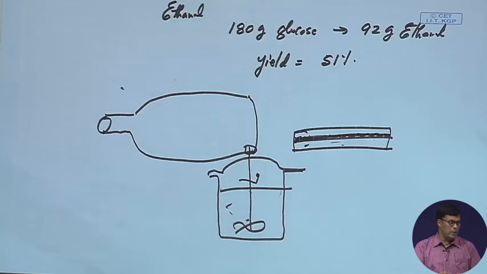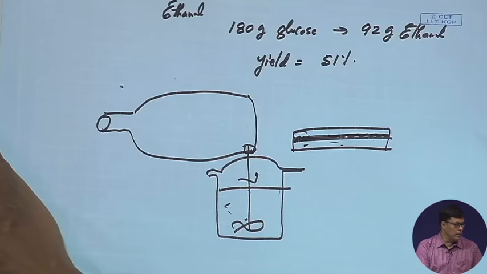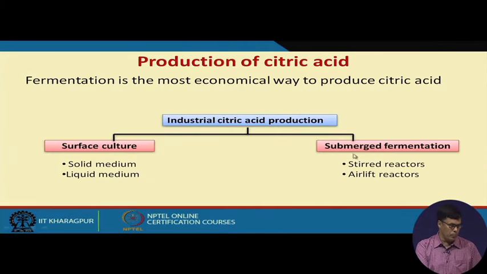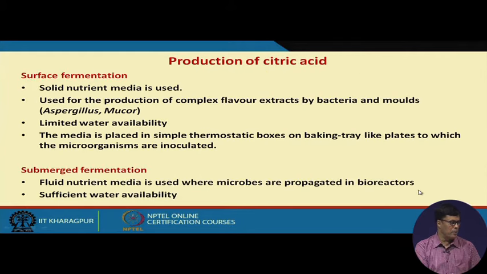That is the difference. So for surface culture we have solid media and liquid media, and for submerged culture we have the stirred tank reactor and the airlift reactor. Though we have mentioned both, mostly we use the stirred tank reactor for producing citric acid.